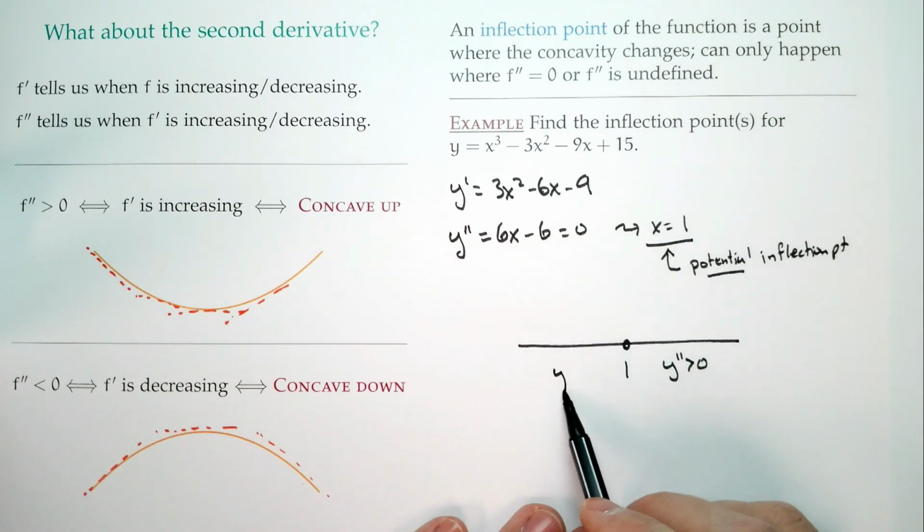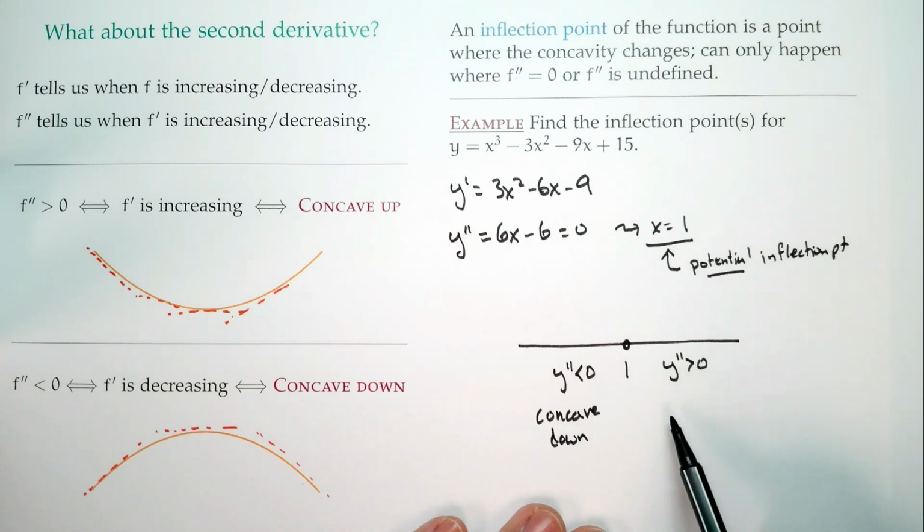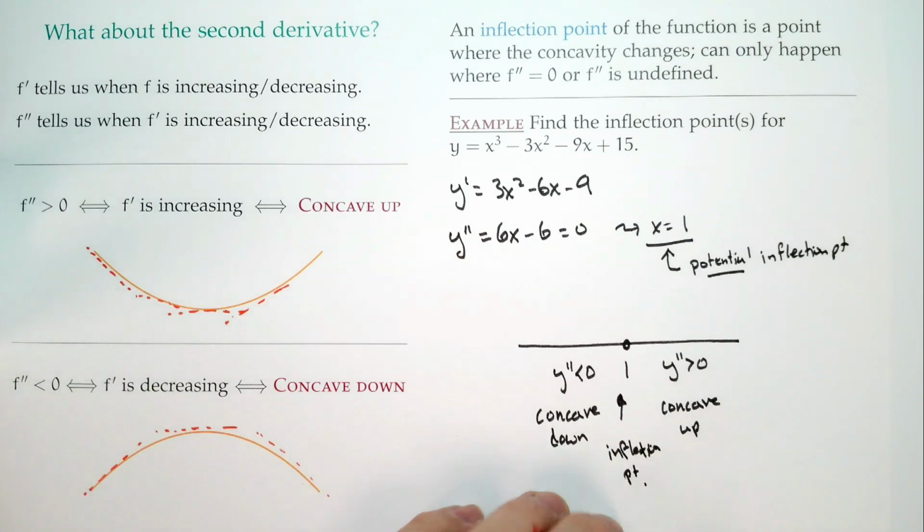It says second derivative is negative, which means that below 1, this curve is concave down. And then above 1, this curve is concave up. And therefore, this point 1, that is an inflection point, because we switch concavity at that point. All right. Well, let's try another one.